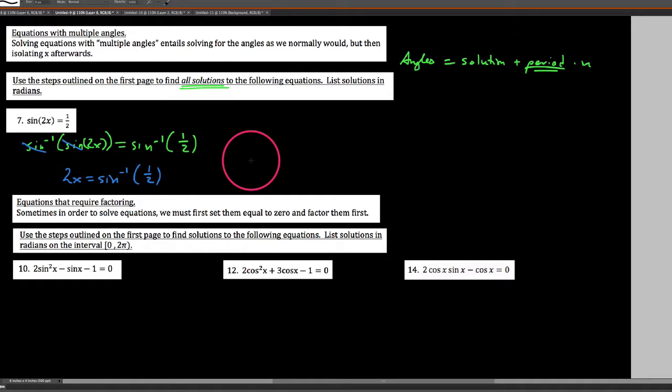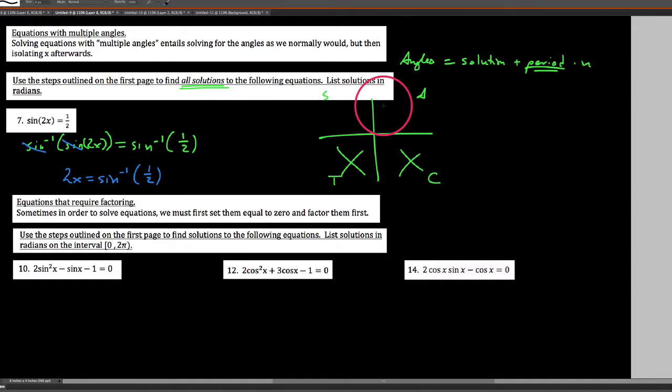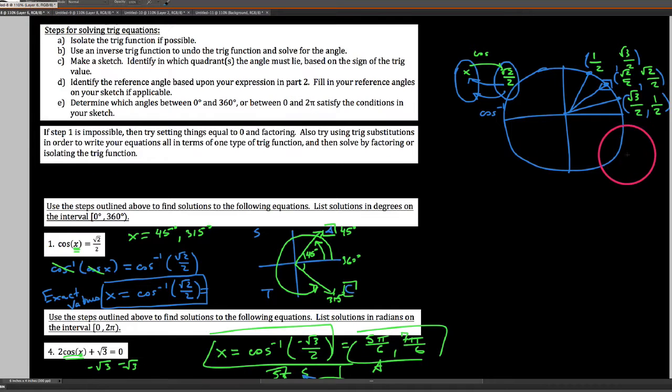Now here's the thing. With respect to this, we're still going to look at sketching this out here. I notice that sine is positive a half. And so the very first thing we want to do is ascertain to which quadrants we would be isolated. I couldn't be down here if sine is positive. I have to be in the angles up here. And the next thing we would try to do is to ascertain the reference angle. Where would sine be a half? Now I sketched this out in my last video, but our sine value would be a half at a 30-degree angle.